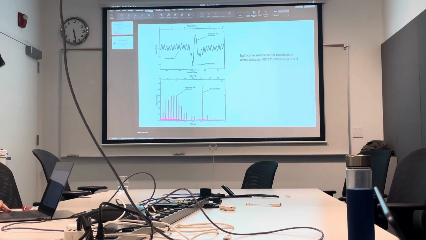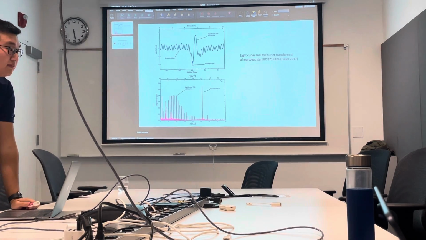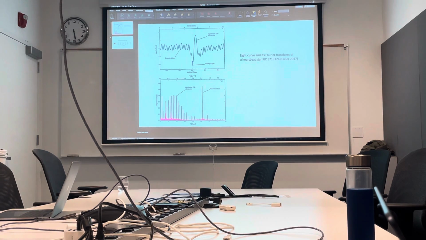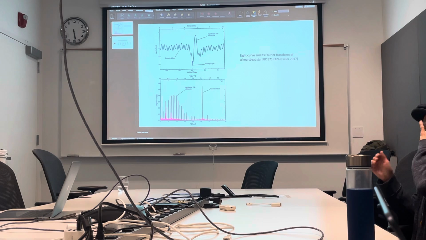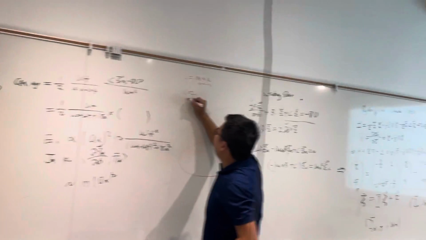And another thing, is this a case where the m equals 0 mode is important? Right. If you do this tidal expansion, you will find that the two most important modes are l equals 2, m equals 2 or m equals minus 2, and l equals 2, m equals 0.